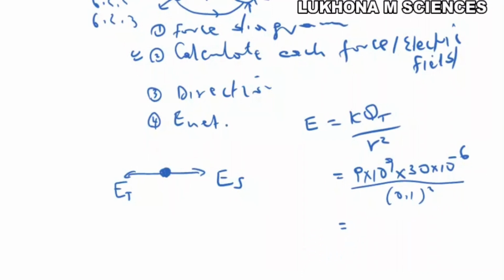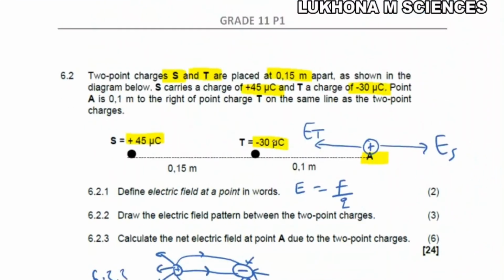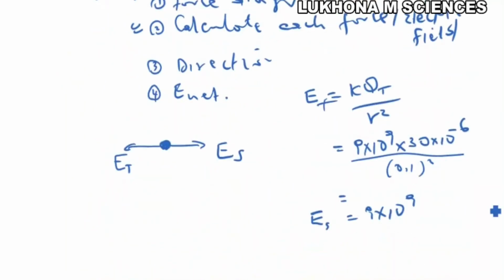Let's also substitute for S. That one was for T. Here again K is 9 times 10 to the power 9, then the charge of S is 45 microcoulombs, times 10 to the power negative 6, divided by 0.25 squared, since 0.15 plus 0.1 gives 0.25.